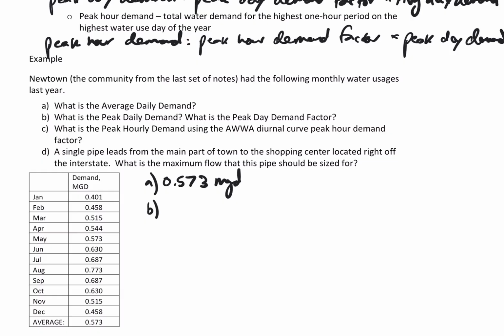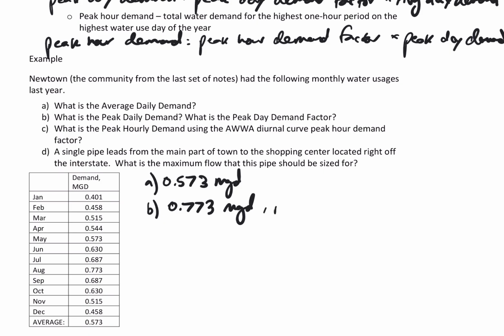Well, we can look through and just see the highest value in here is August, and its value is 0.773 MGD, million gallons per day. And again, we're assuming all the days in that month have 0.773 MGD demand, so that there is our peak daily demand. What about the peak day demand factor?